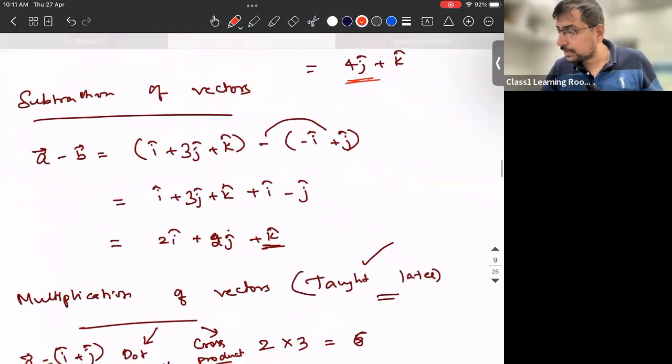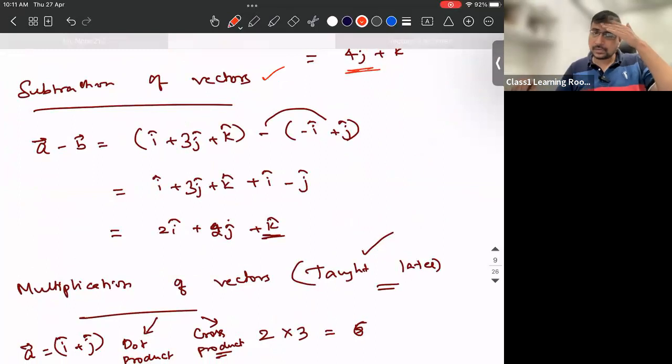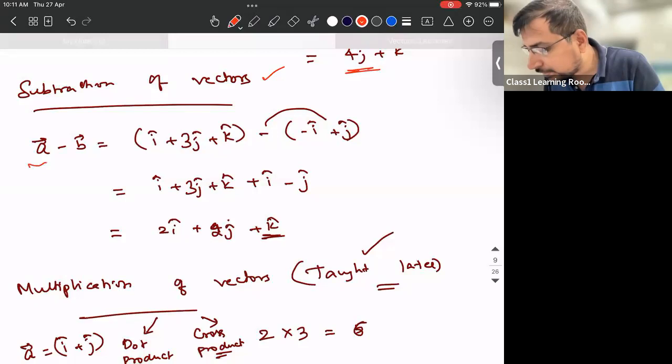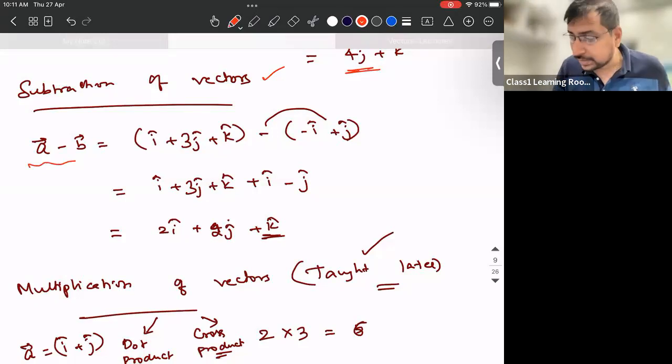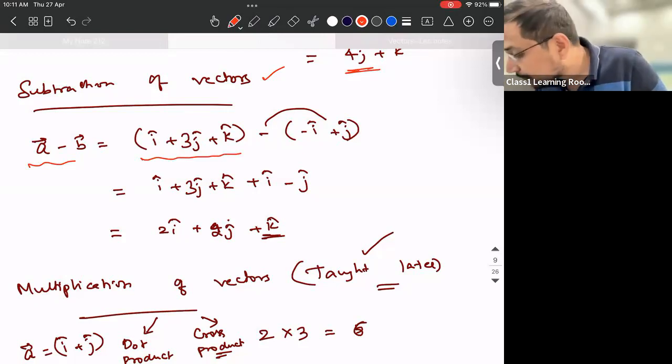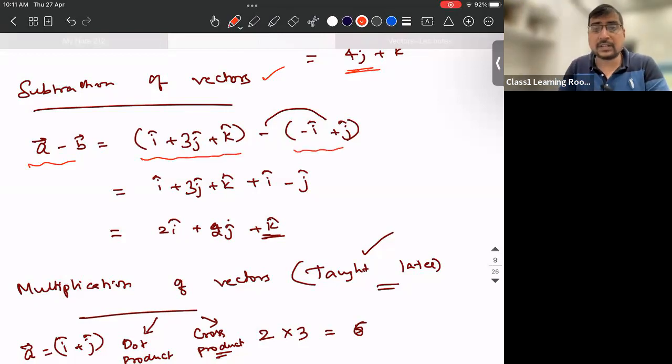So the next concept is subtraction of vectors. I take these two vectors, and I'm going to subtract them. So it's basically a vector minus b vector. A vector is i cap plus 3j cap plus k cap, minus b vector, which is minus i cap plus j cap.